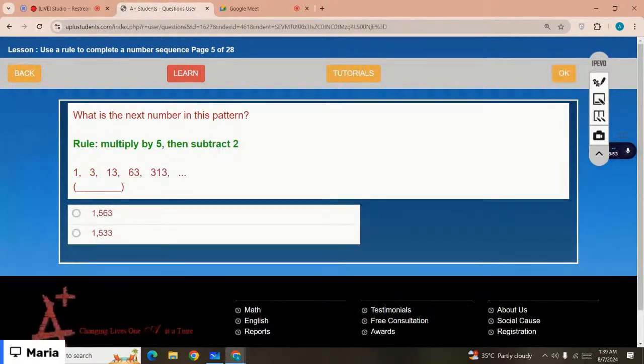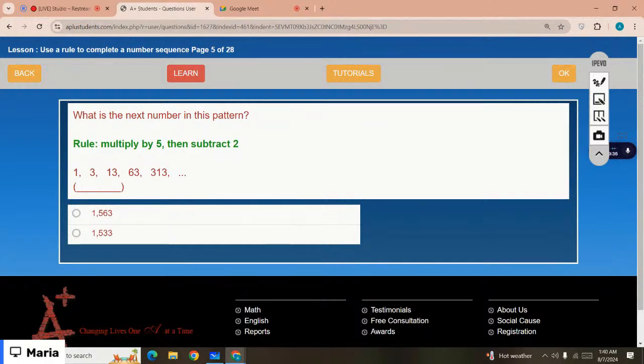What is the next number in the pattern? So which is the correct option? You have to multiply 313 times 5 and then subtract 2.